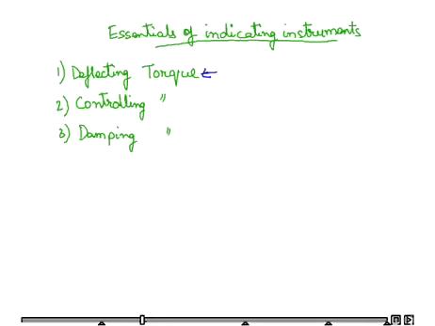Deflecting torque is produced by using any method, like magnetic effect. Magnetic effect use किया जाता है, जैसे कि हम use करेंगे PMMC में permanent magnet moving coil वाले सिस्टम में हम मैग्नेटिक इफेक्ट लेते हैं. इलेक्ट्रोमैग्नेटिक इफेक्ट भी लिया जा सकता है, electromagnetic effect.